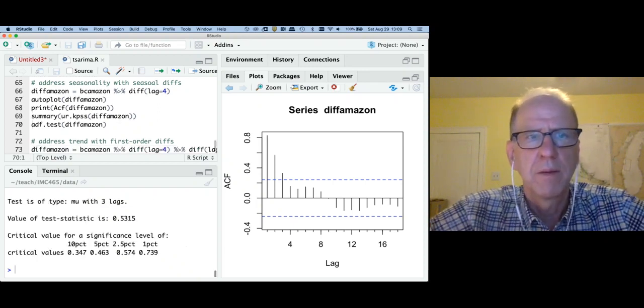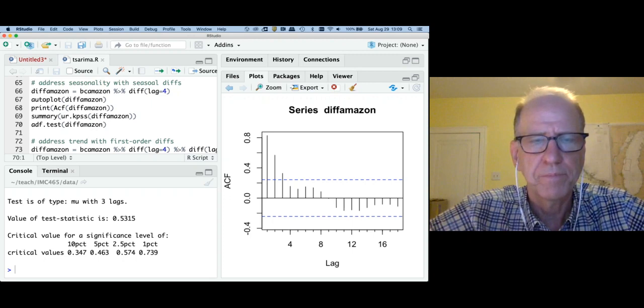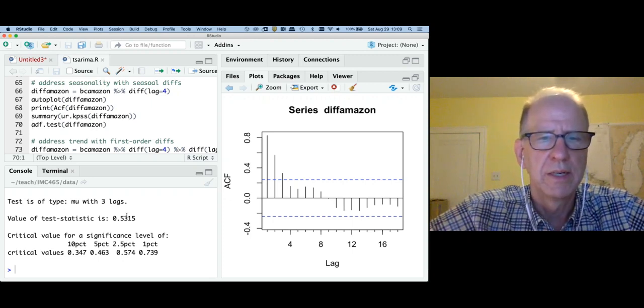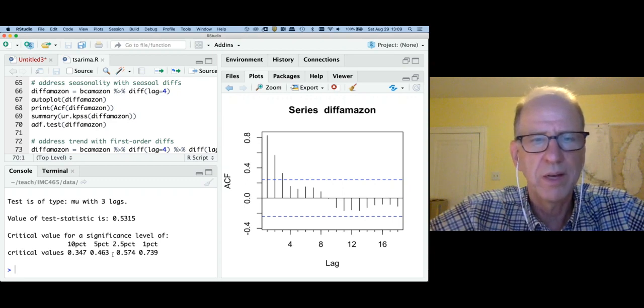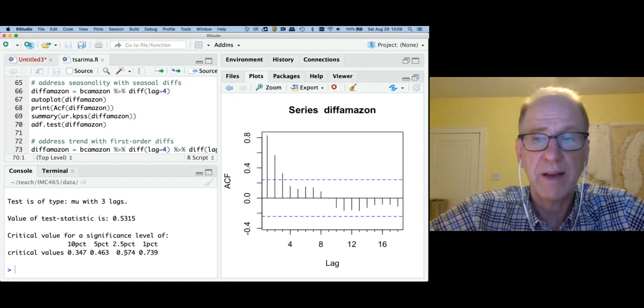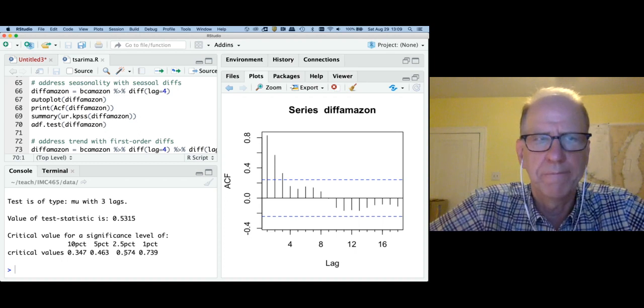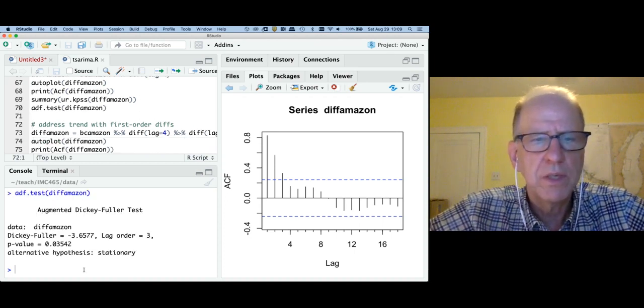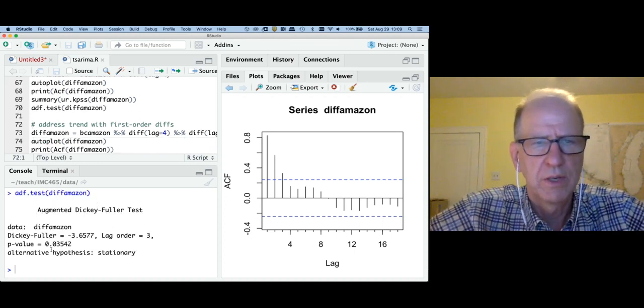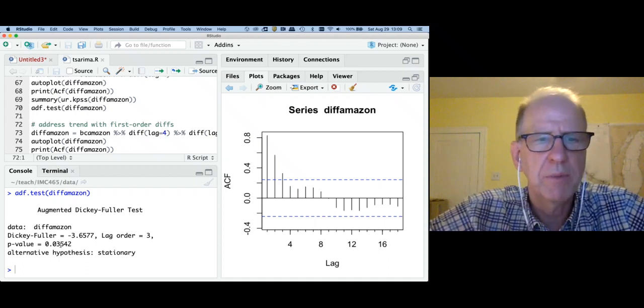If we look at the KPSS test, what we can see is that the p-value is borderline, so we would reject it at the 5% level, but not at the 2.5% level. So it's kind of borderline. If we do the Dickey-Fuller test, we come to the same conclusion.